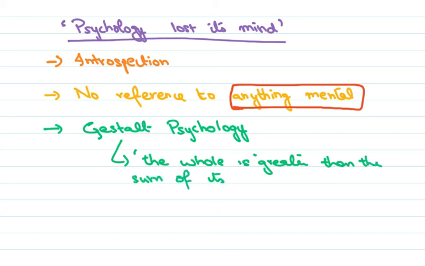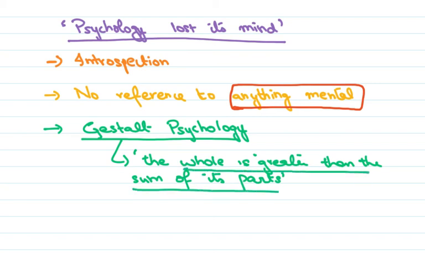And this can really be something that they were countering structuralism with as well, because Wundt was trying to create the whole through the parts, right? But with Gestalt psychology asserting that the whole is greater than the sum of its parts, that is an attack on the structuralists, right?